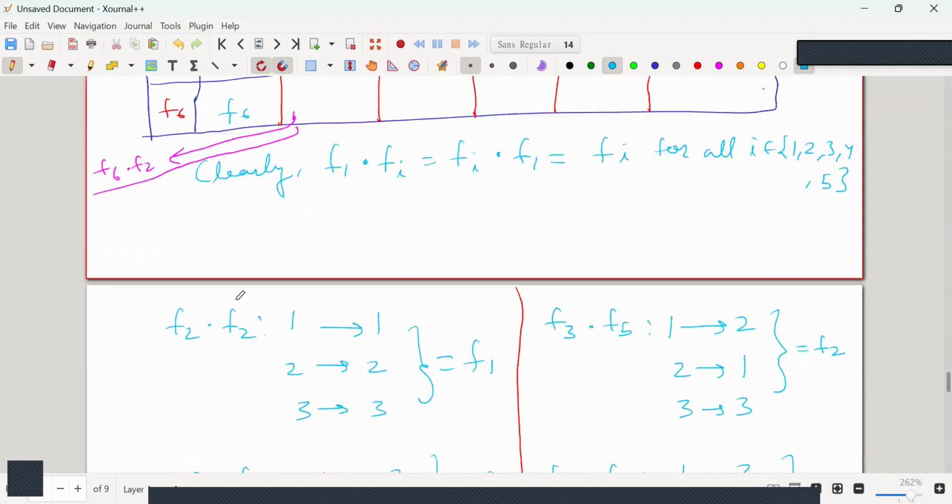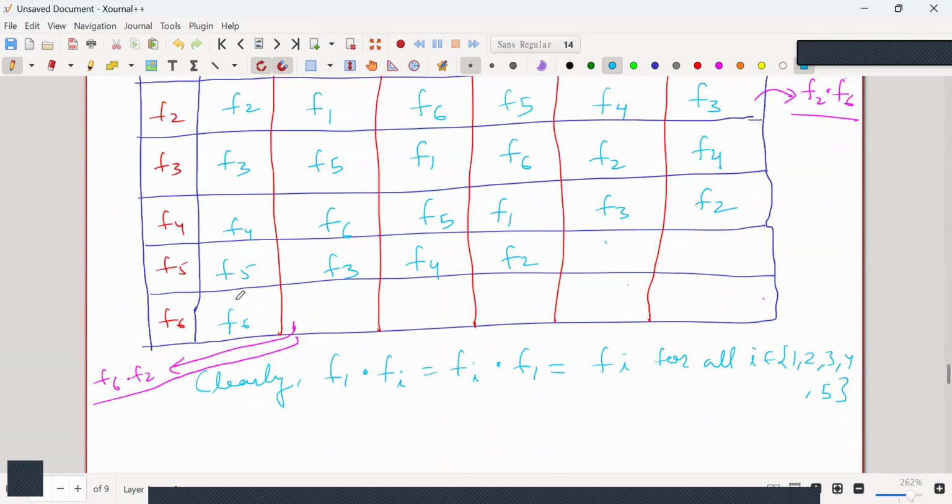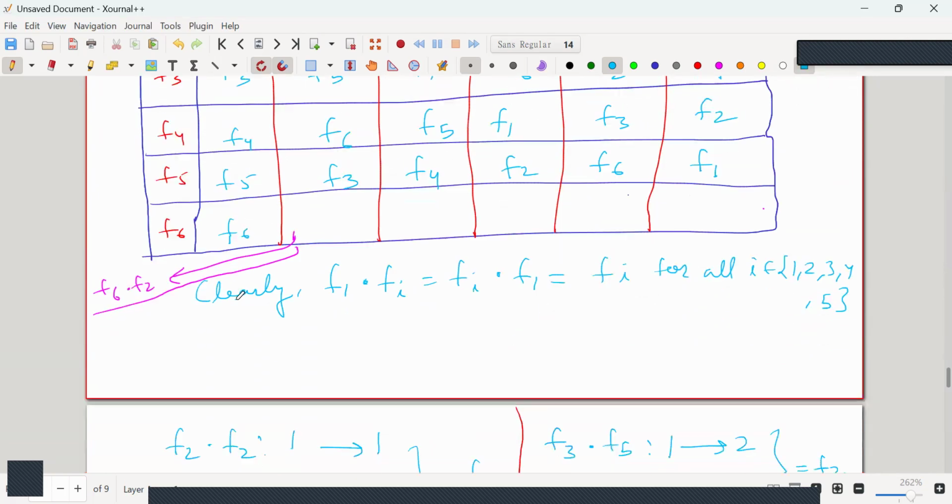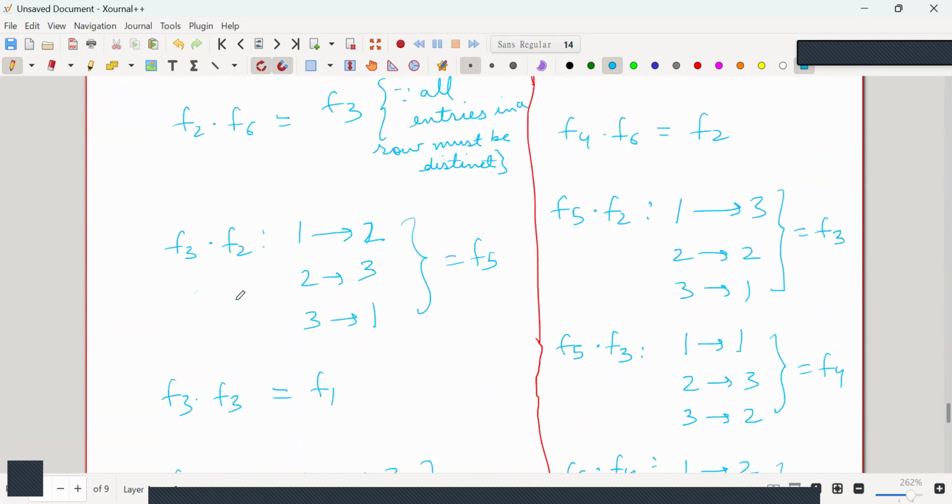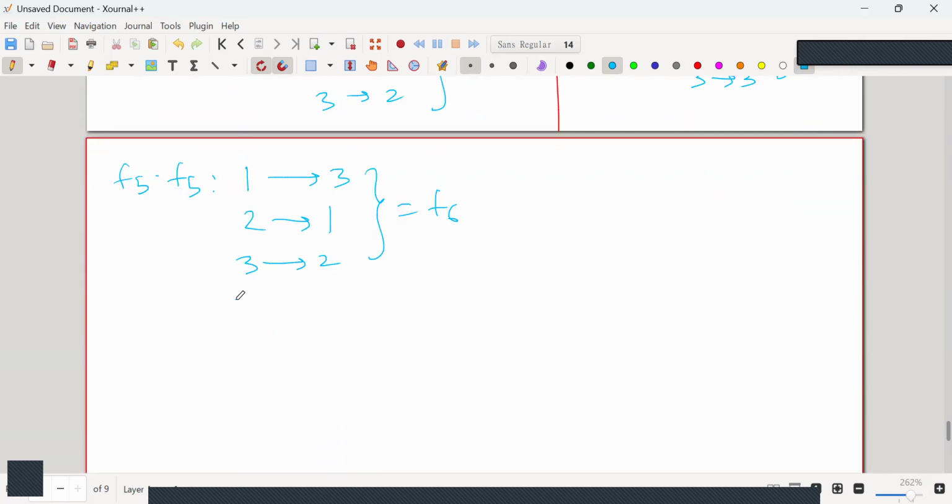Now using the same trick as before, what is remaining? F1. And F5 composed with, I should use this red separation, right? So this will be F1.